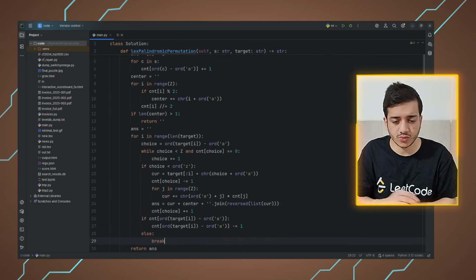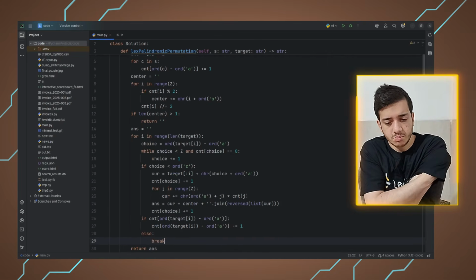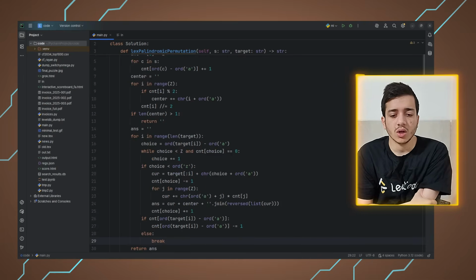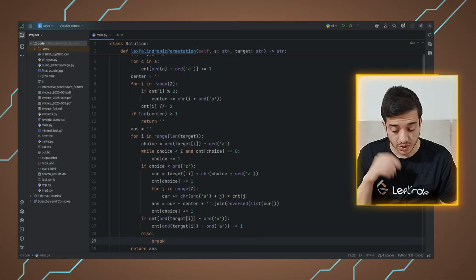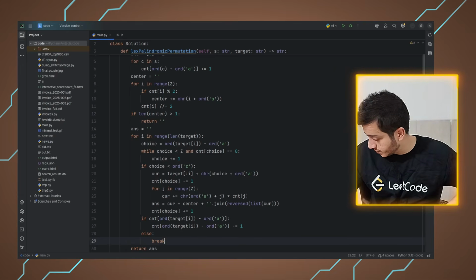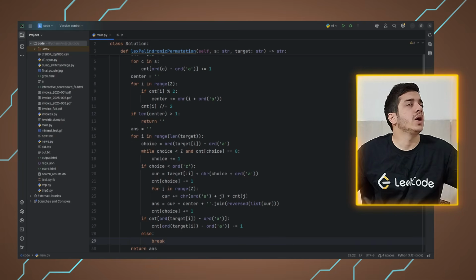Otherwise, we can't move further and we break. Okay. There is something else.